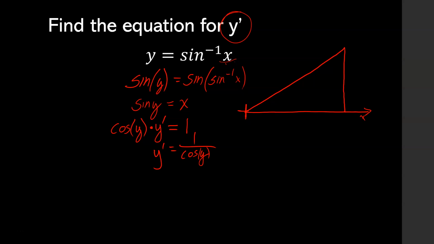And then what's the angle? The angle is called y. You can actually see that in the third line a little bit better. Right here it says sine of the angle y gives you the ratio x, or x over 1. And sine is the ratio of the opposite side to the hypotenuse. So the opposite side is x, and the hypotenuse is 1.